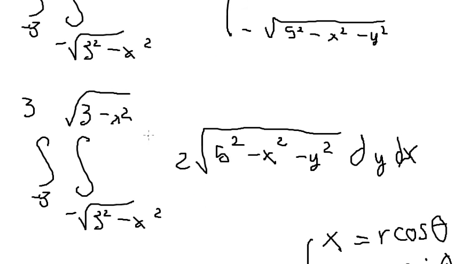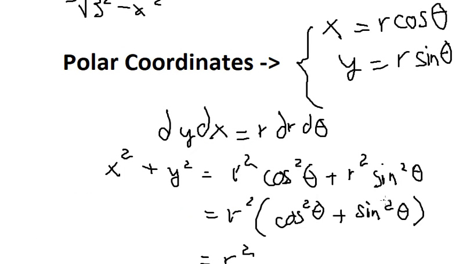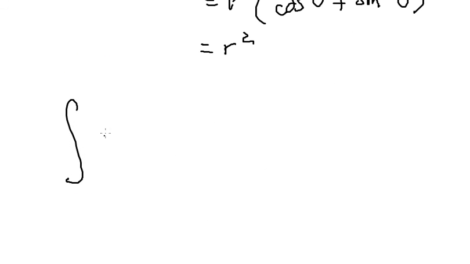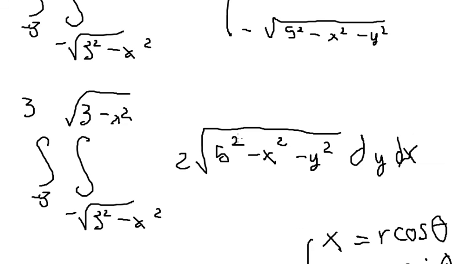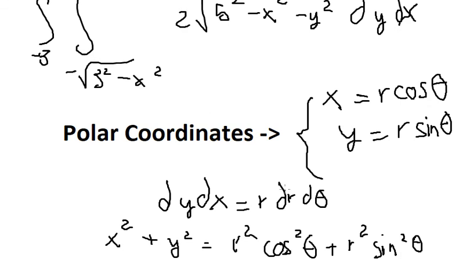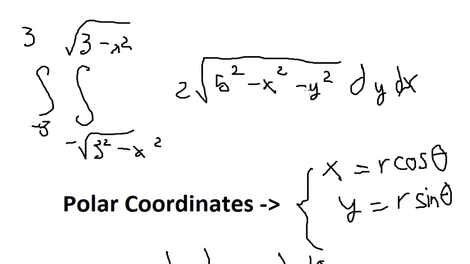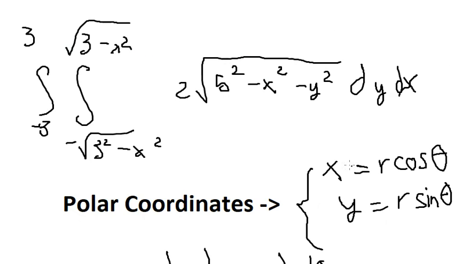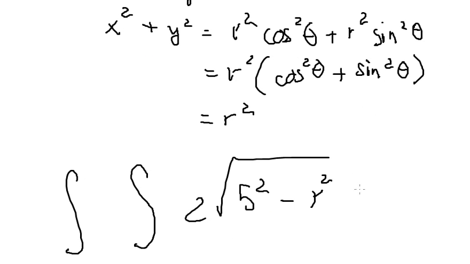Next, we change this one for dr d theta. So we need to create a new double integral in here. We have 2 multiplied by the square root of 5 squared minus x squared minus y squared, which we change to negative r squared, and dy dx we change to r dr d theta.